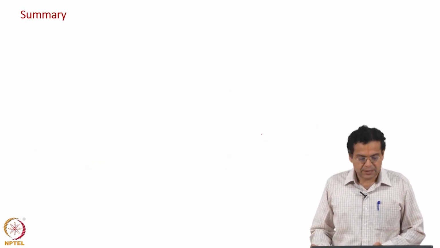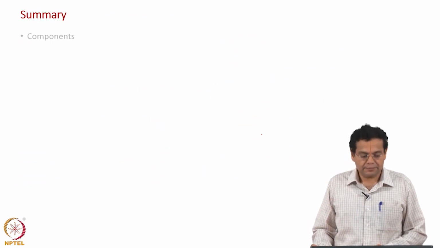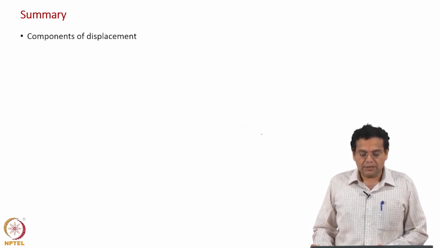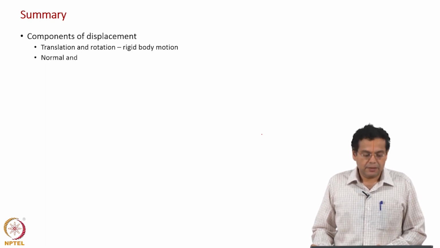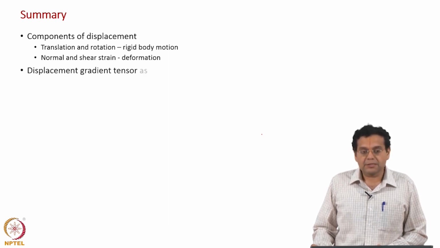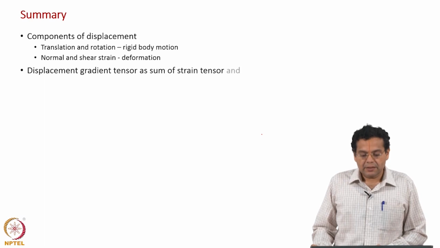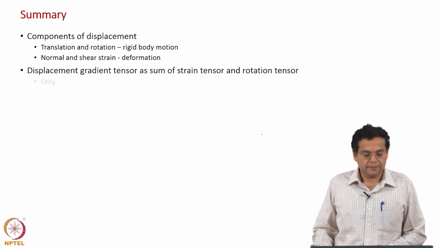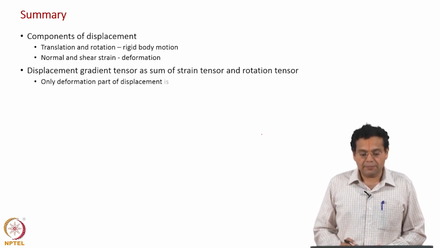So, let us summarize this part of the lecture. The components of displacement are translation and rotation, which you call rigid body motion, and normal and shear strain, which you call deformation. The displacement gradient tensor we have seen as a sum of the strain tensor and the rotation tensor. Only the deformation part of displacement is related to stress.